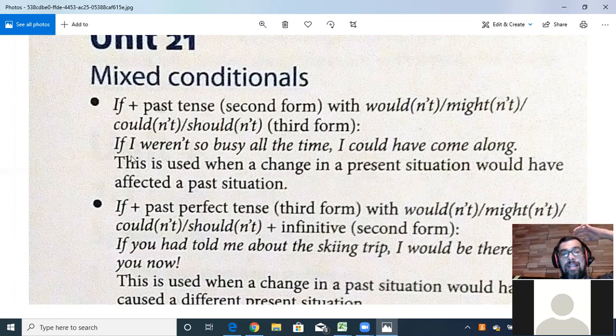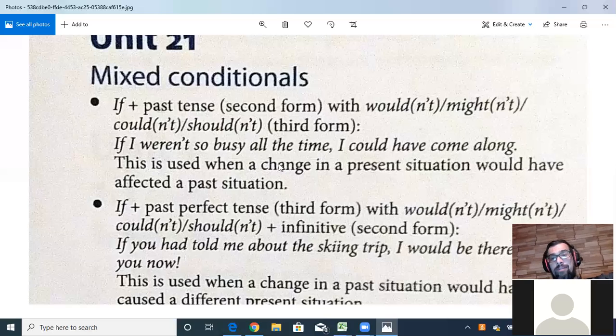Again, if I weren't so busy all the time, I could have come along. So you are saying that something in the past, that you were busy, means the present situation is that you didn't do something.